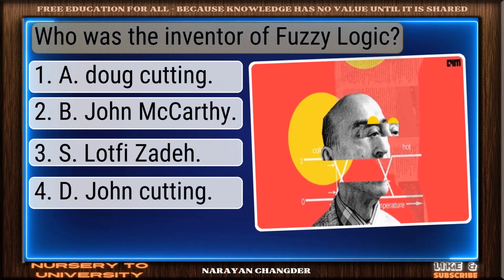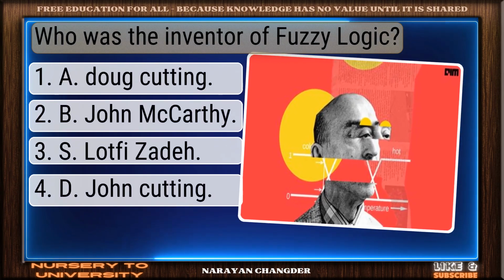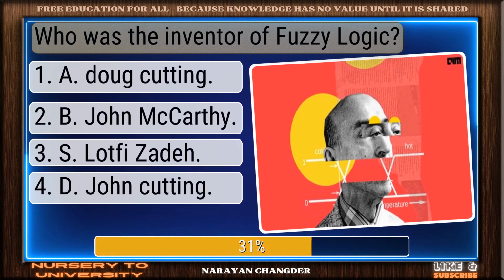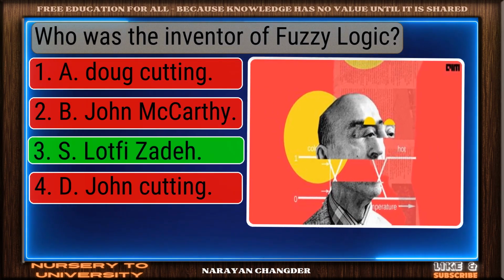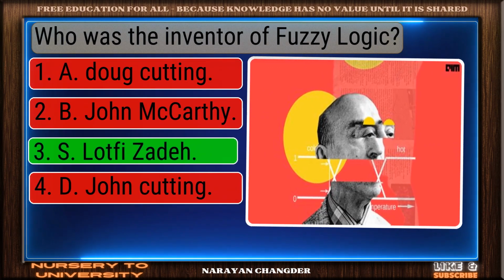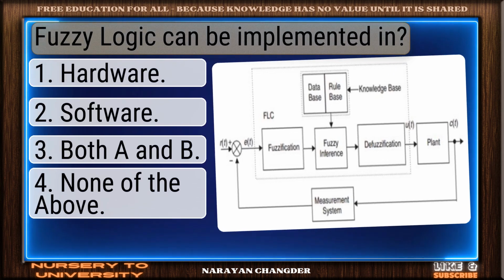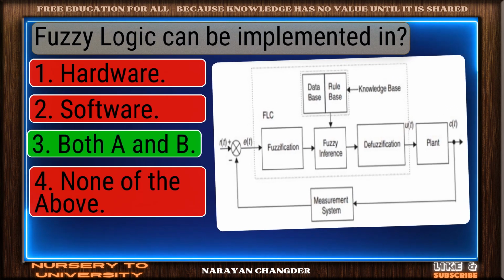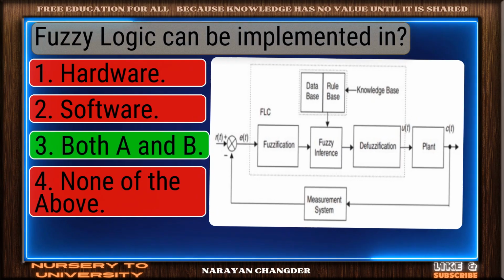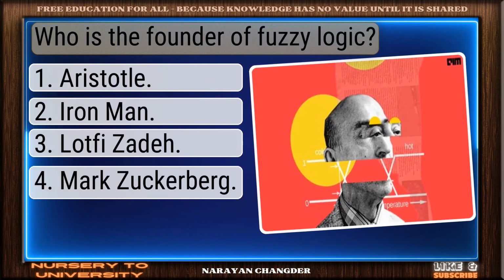Question number 36. Who was the inventor of fuzzy logic? Smart pick. Lotfi Zadeh is the correct choice. Question number 37. Fuzzy logic can be implemented in. Sharp thinking. Both A and B is the right choice. Question number 38.